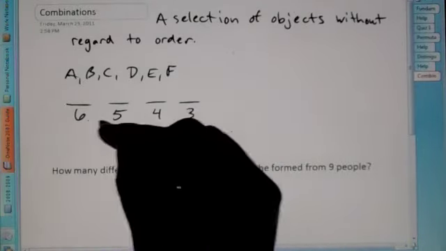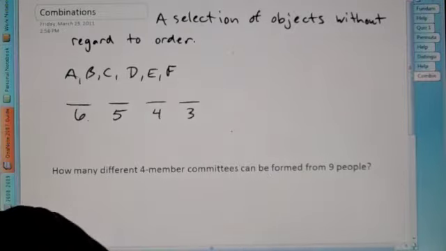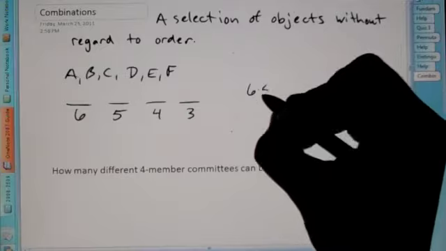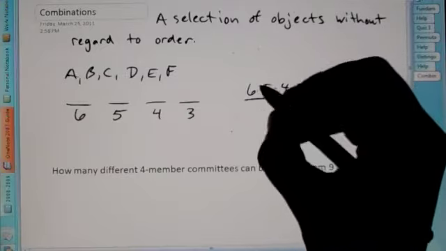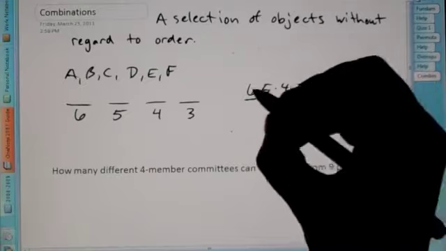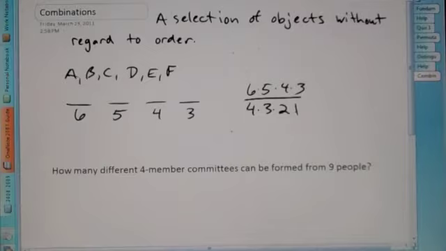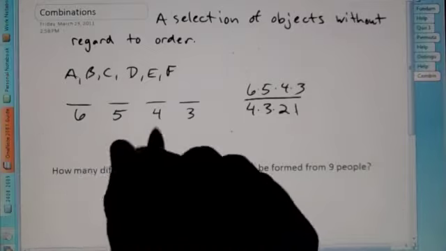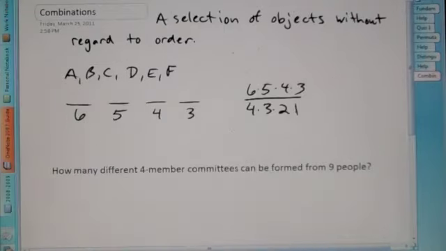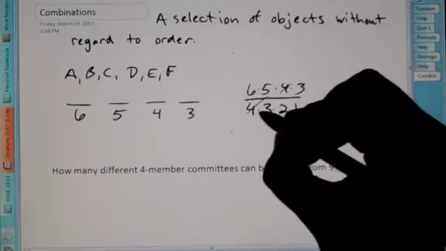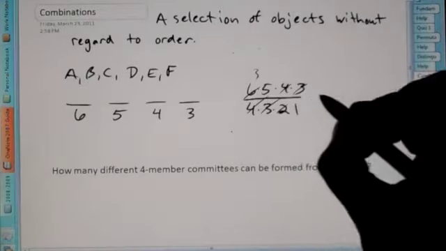But even amongst these 4 spots, there's 4 different arrangements, so we have to take this 6, 5, 4, 3 and divide it by 4, 3, 2, 1, because these 6 things are being taken 4 at a time. If we work that out, we end up with 15, because these cancel out and that reduces.